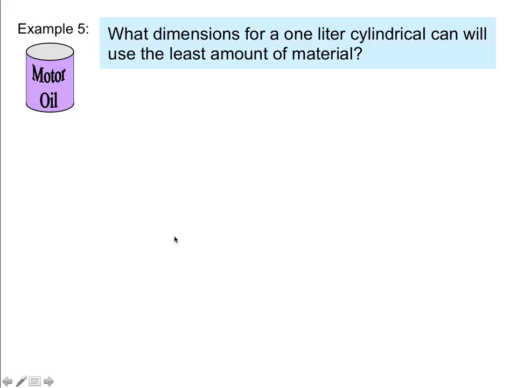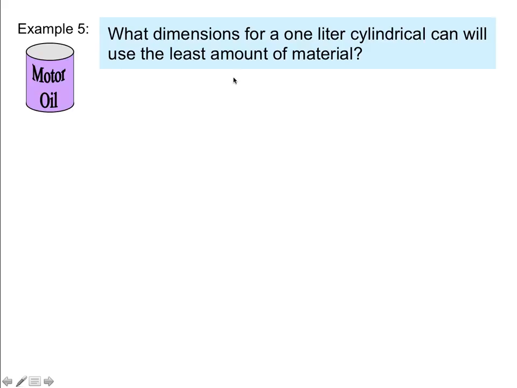Okay, so here's another example. This one's getting a little more complex. So way back in the day, we used to buy cans of oil for our cars. Now they're in plastic containers, but they used to be metal cans that looked like soup cans, but a little bit bigger.